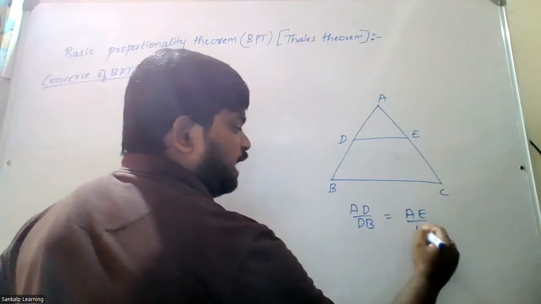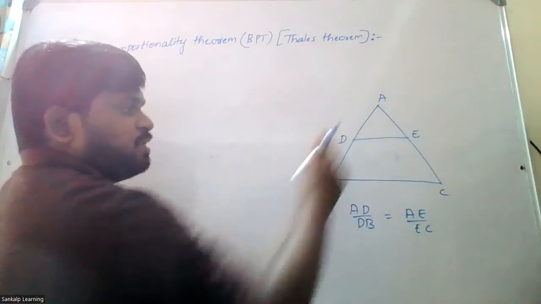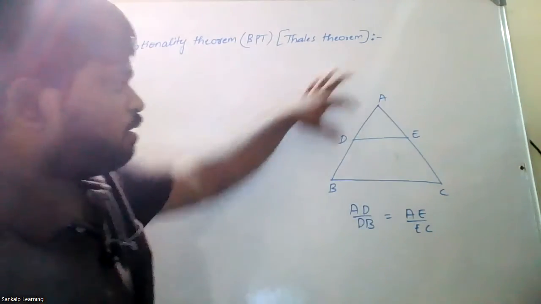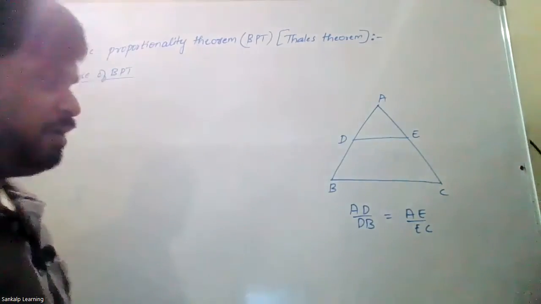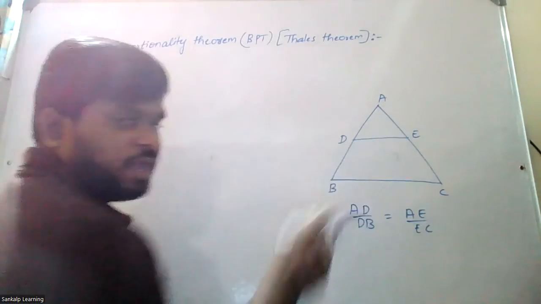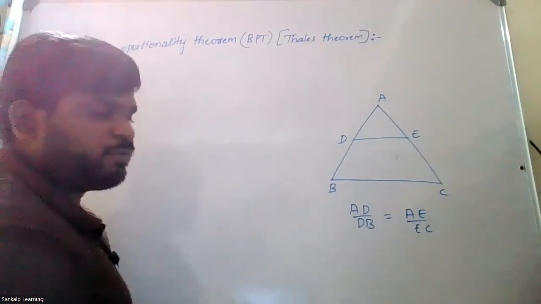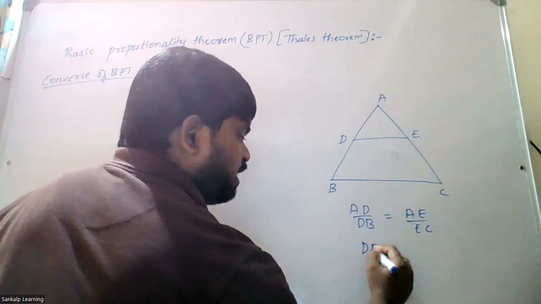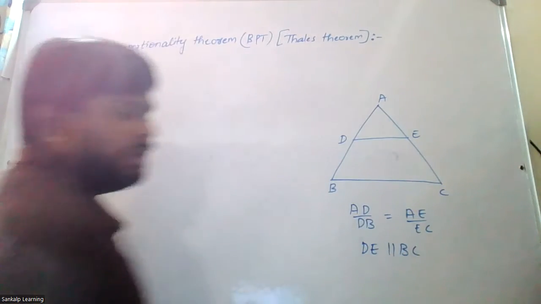We are drawing a line in such a way that AD by DB and AE by EC are equal. So if you draw a line such that this condition is satisfied, then obviously the lines will be parallel.